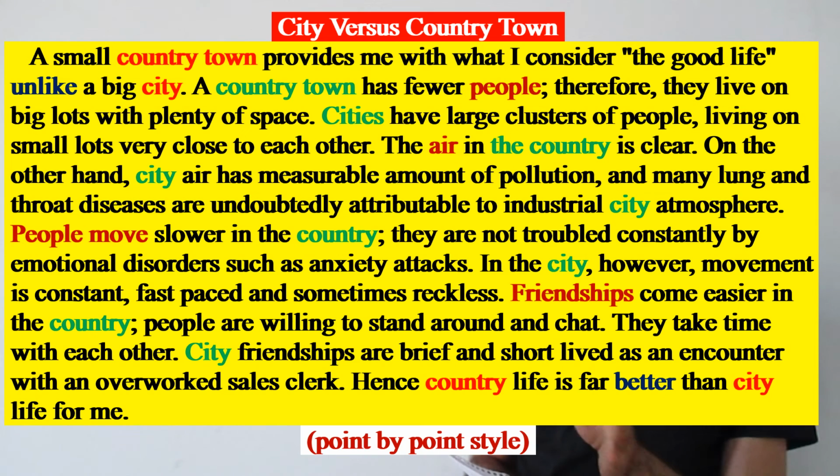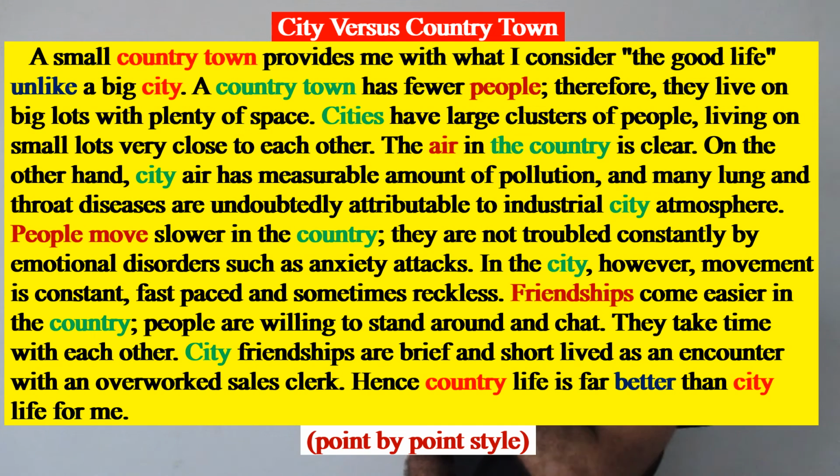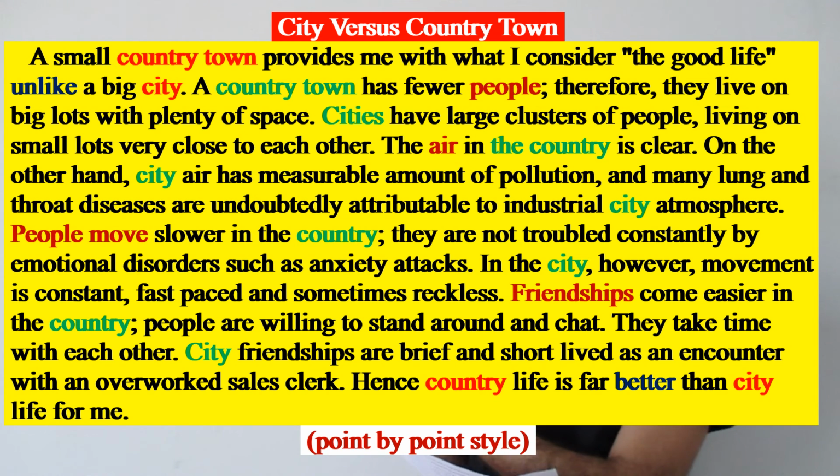So as you see here, we have different elements and components for a correct and ideal comparison and contrast paragraph. We have the subjects, country town and city. The purpose is clear, which is contrast, using the word, controlling idea, which is "unlike," to show our differences. Now, here he uses four points: number of people, the air, and also people's movement and friendship.